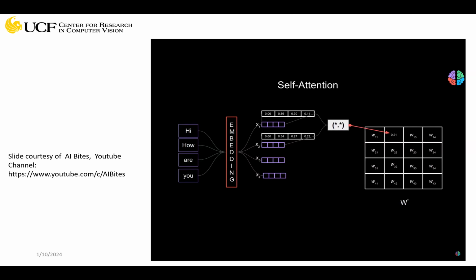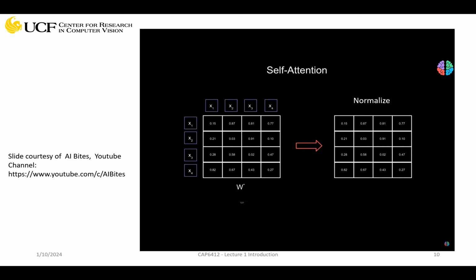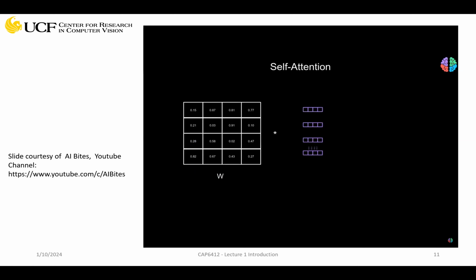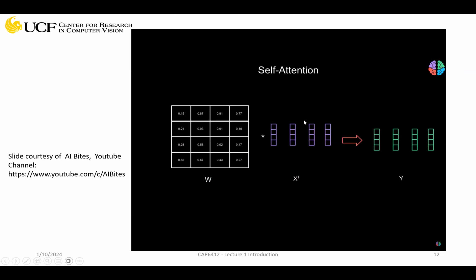So again, this is what we have: x1, x2, x3, x4. Typically we'll get these kinds of values when we do the cosine similarity. We can normalize. Now we take this matrix W and the representation X, and we multiply each of these with this matrix, and this will be our output.